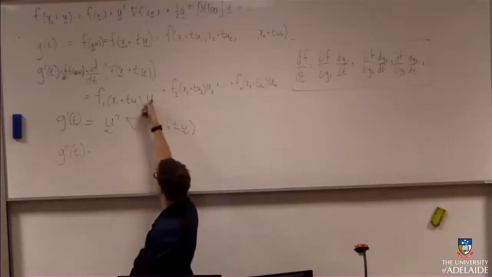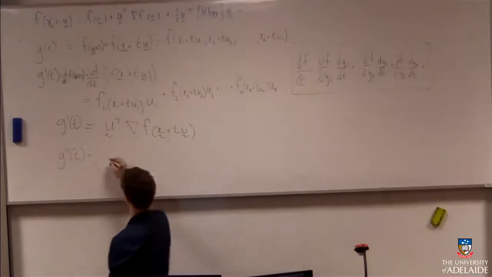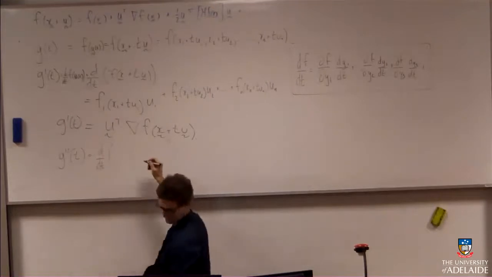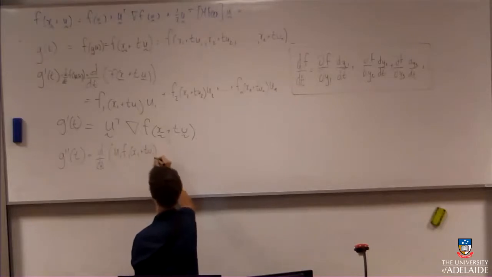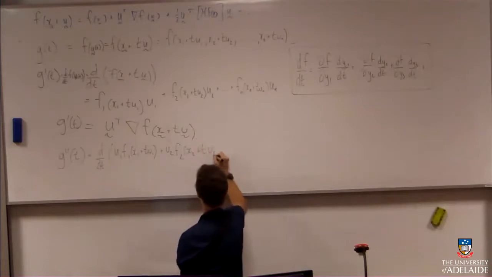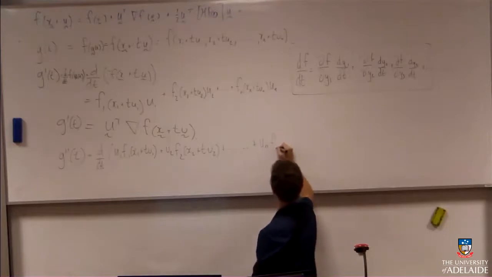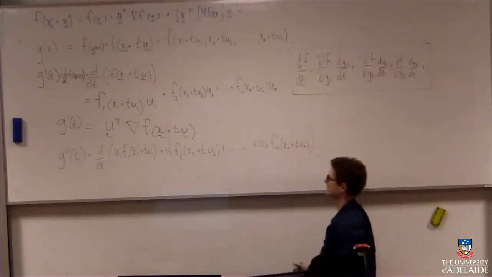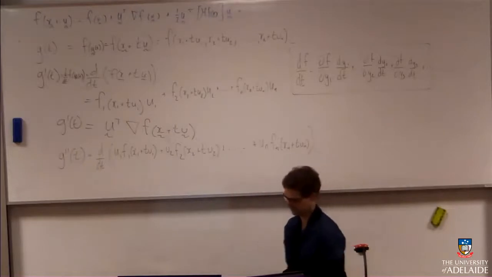I'm going to have to differentiate this object with respect to t, so I get d by dt of this giant object, which I'll write as u1 f1 of x1 plus t u1, plus u2 f2 of x2 plus t u2. That's just directly differentiating that, and I flipped around these two because it will look nicer in a sec.